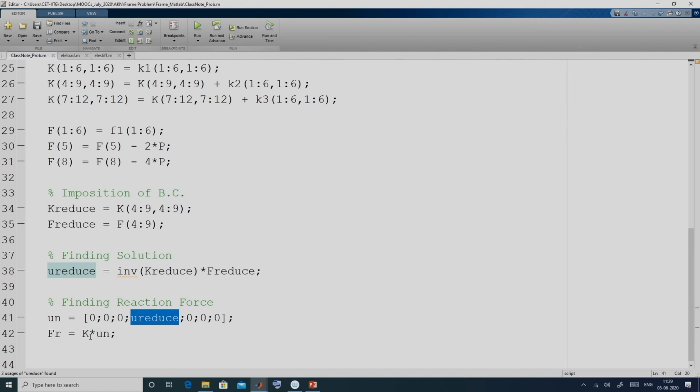Now, if we do K times U, where K is the original 12 cross 12 global stiffness matrix, then in the degree of freedom positions of 1, 2, 3 and 10, 11, 12, we get the respective reaction forces.